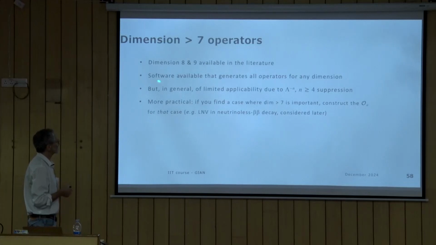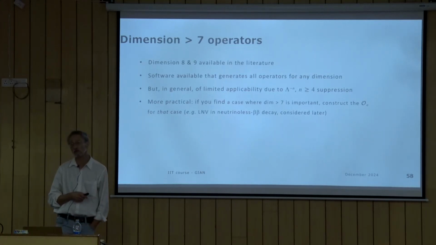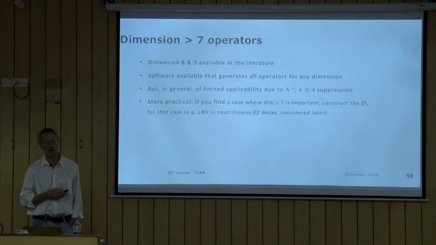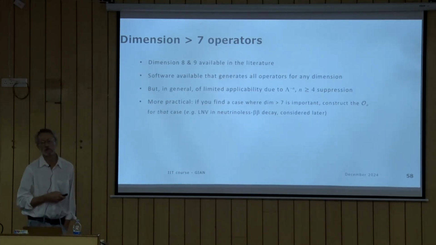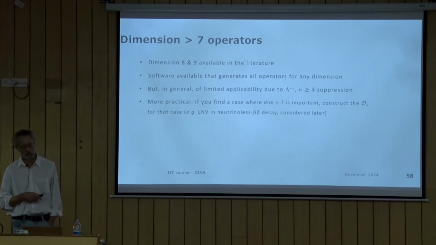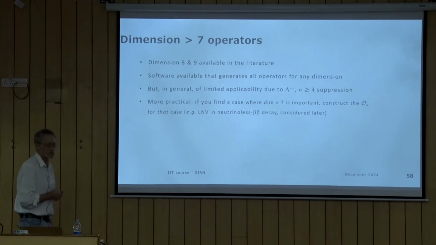There are software programs that very cleverly generate all the operators at any loop at any order that you might need. So actually sitting down and writing them down becomes even more of a waste. I think people have better things to do now that we have computers to do that for us.